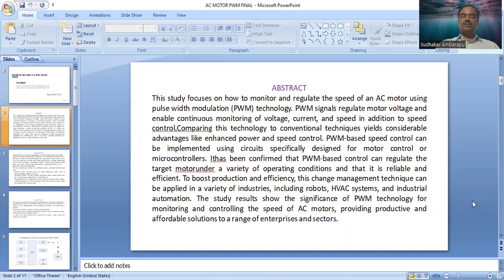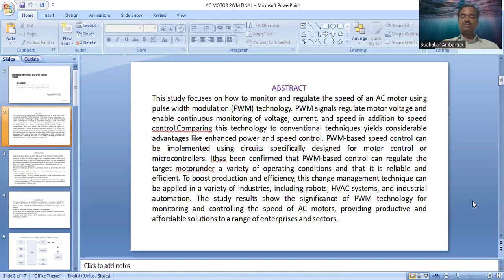So today we will be discussing the speed control of induction motors by pulse width modulation technique. In pulse width modulation, by controlling the width of the pulses by T on and T off with respect to the total time period, we can control the speed of the induction motor.